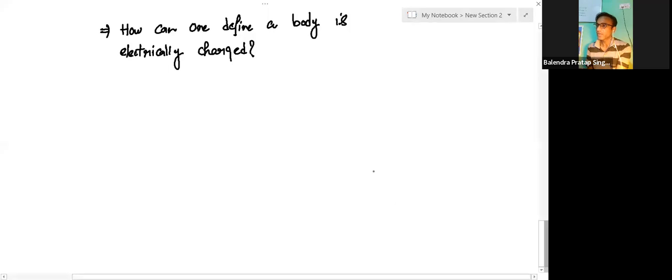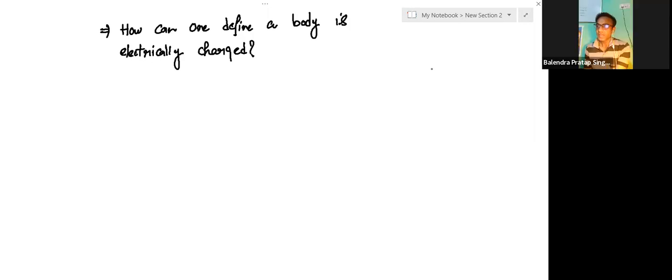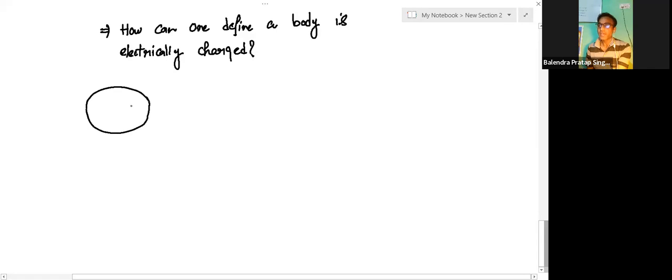Okay, nobody wants to give an opinion about this question. When electrons are more than protons, it is negatively charged, and when protons are more than electrons, it's positively charged. Okay, so that's the correct answer. Suppose I choose a body. As you know, any piece of matter you choose has a nucleus and surrounding electrons. The nucleus has a positive charge and is made of protons and neutrons, and electrons move around this nucleus.